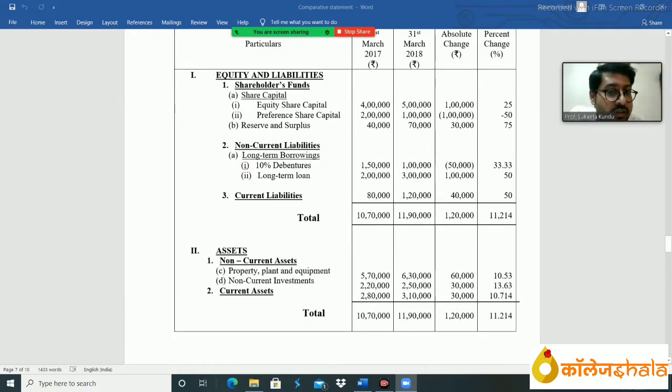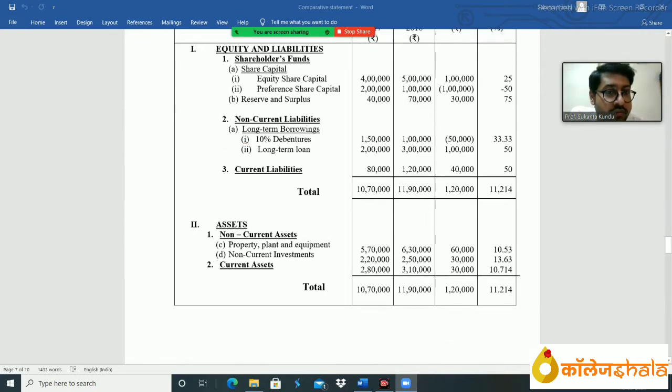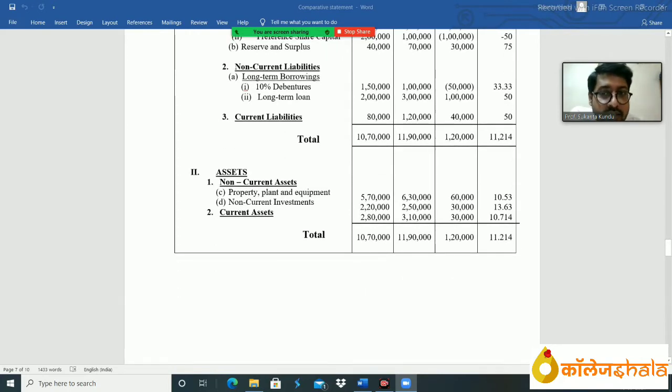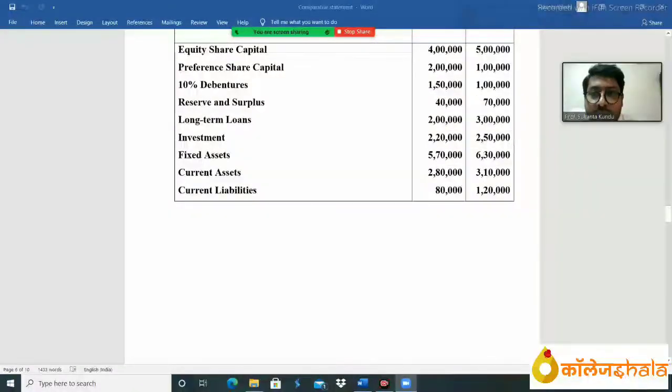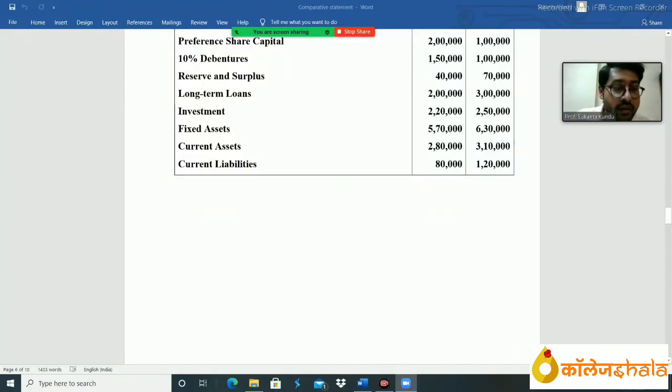In case of total, calculate the absolute change also, then find out the percentage change. The formula remains same for all cases. In case of asset, non-current asset, just see investment. Fixed asset, nowadays we actually don't use the term fixed asset, we use non-current asset.